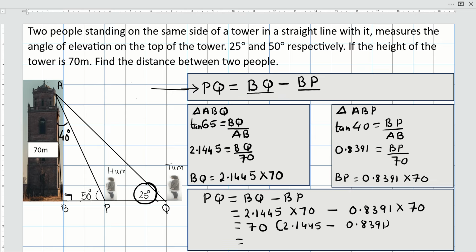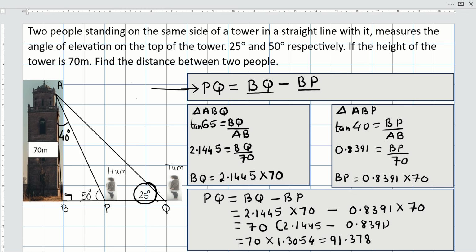And if I subtract this, you get the value. Subtracting is much easier than multiplying these values and getting big numbers. So it is 1.3054. Now students, it is very easy to multiply by 70. And when you multiply this by 70, the value obtained is 91.378 meter. But that is not the answer.